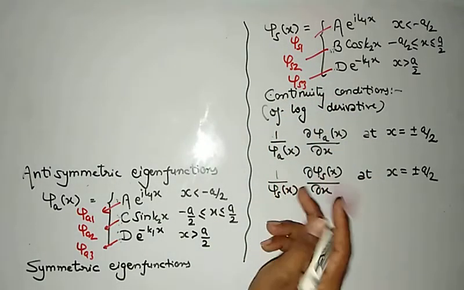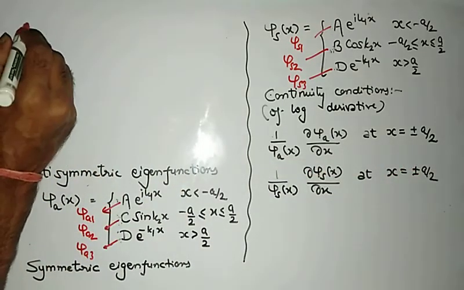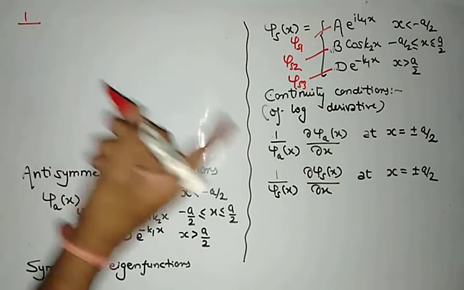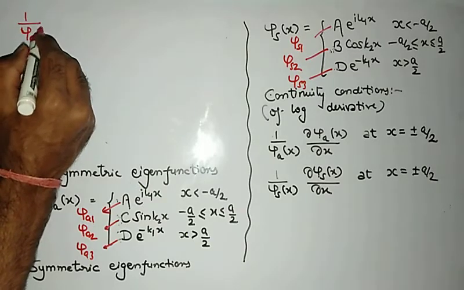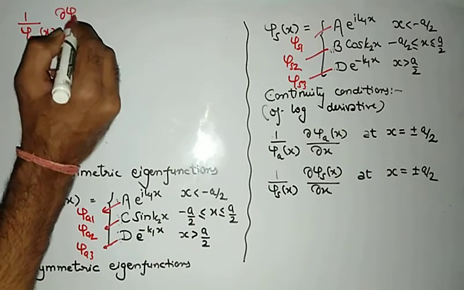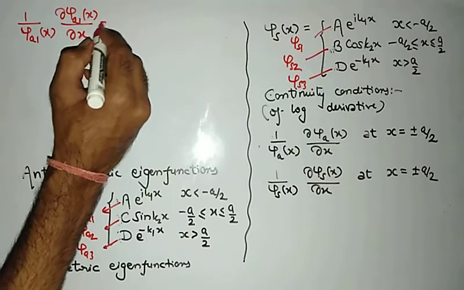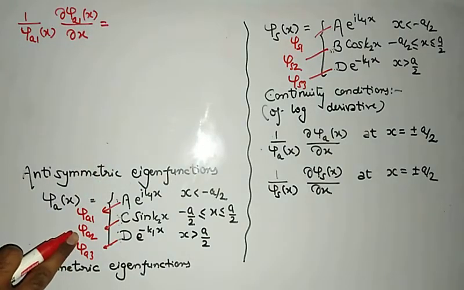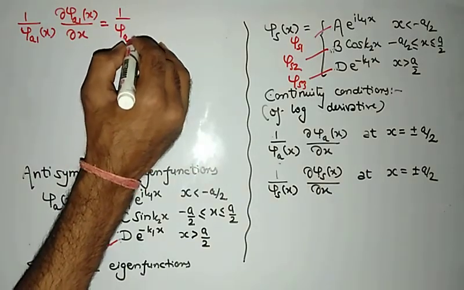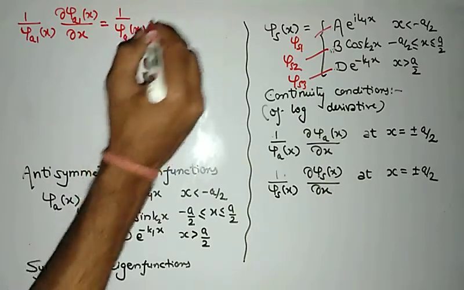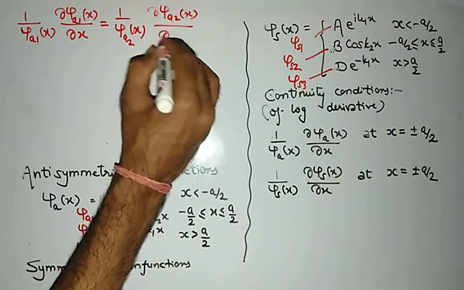So that using for antisymmetry we can write condition. Condition will be 1 upon psi a1 x, deva psi a1x upon deva x is equal to, and also of this one, 1 upon psi a2x, deva psi a2x upon deva x.